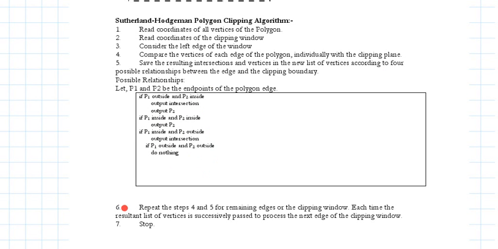Now in step 6, it is being said that repeat steps 4 and 5 for the remaining edges of the clipping window. That means right, top and bottom edges. Each time the resultant list of vertices is successively passed to process the next edge of the clipping window. Now once you have done the process for all the 4 edges of the clipping window, you are done. So stop. So this was all about the Sutherland-Hodgeman polygon clipping algorithm.